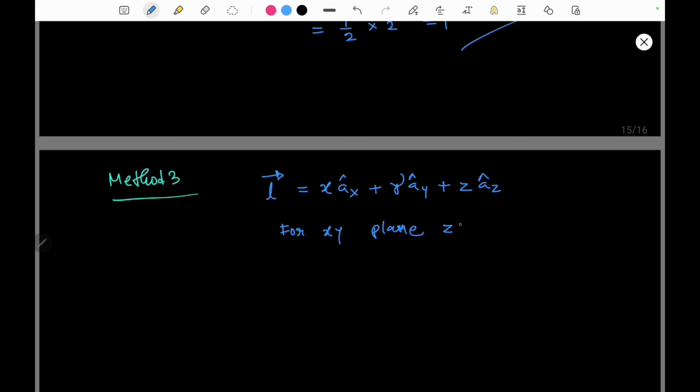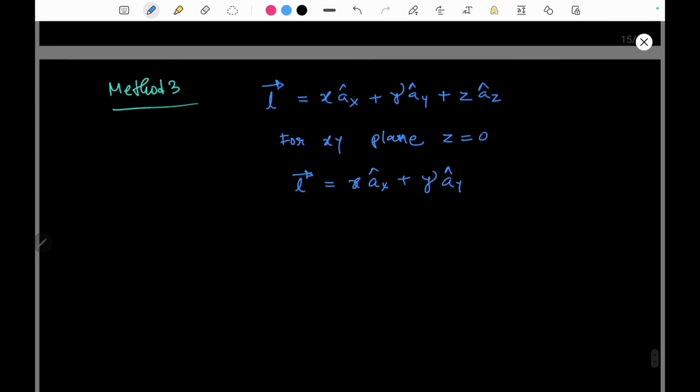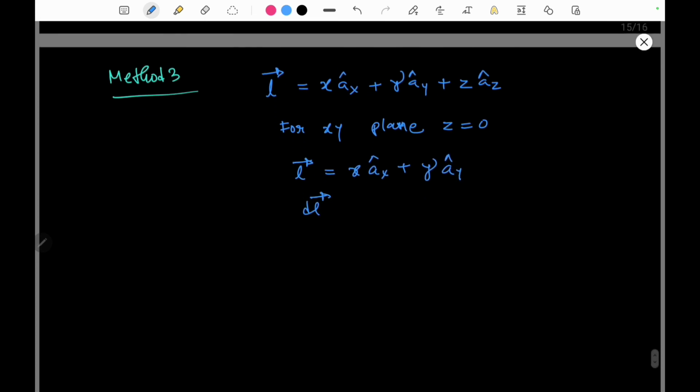So for the xy plane we can write z equal to 0. So L vector we can write again x x cap plus y y cap. So dl vector equal to dx x cap plus dy y cap.